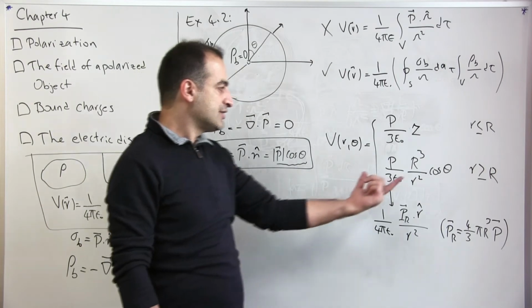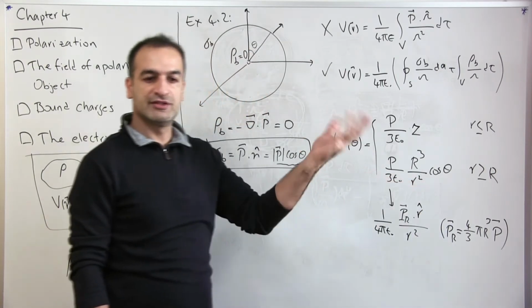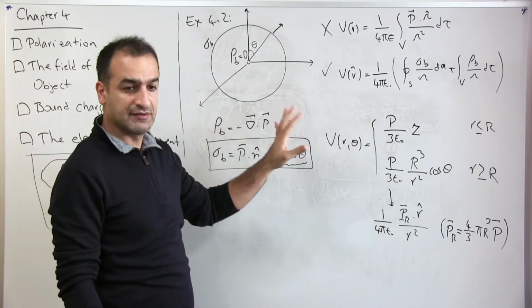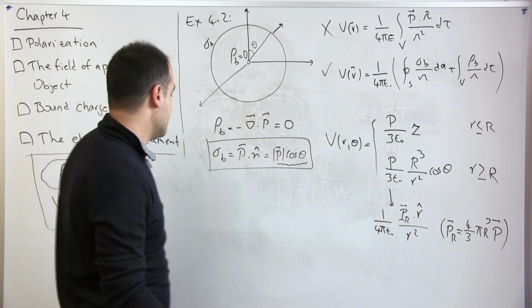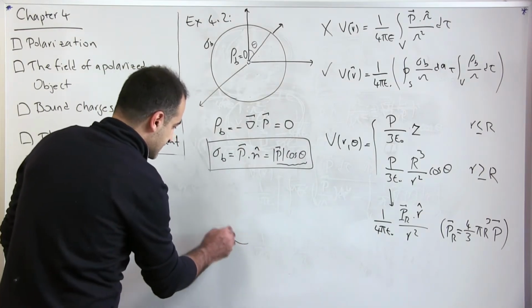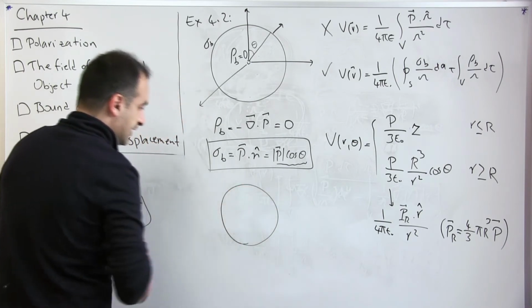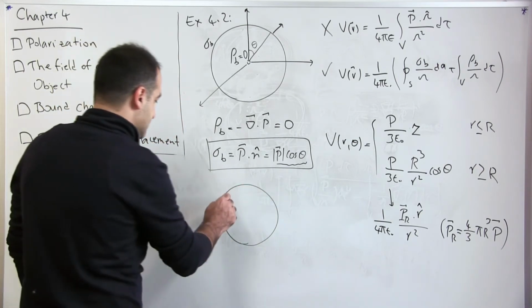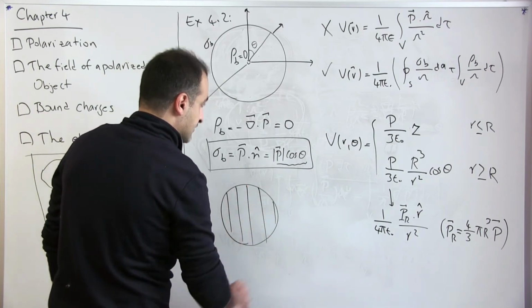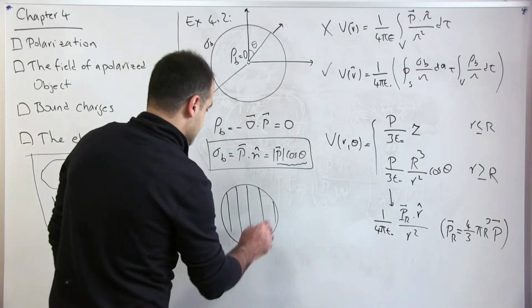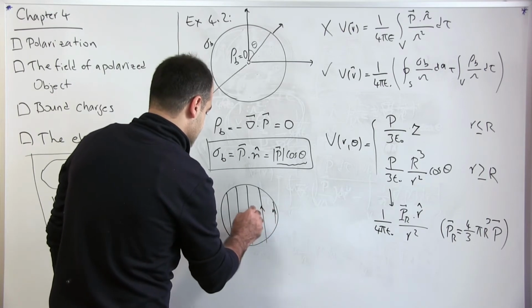So this is only the shape of the potential, and of course it's going to be the shape of the electric field outside, which is very similar to what is created by a dipole. If you want to sketch the electric field and electric potential, inside the electric field is uniform, like this.